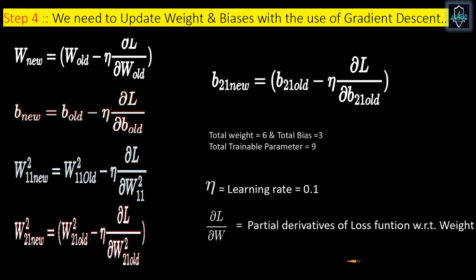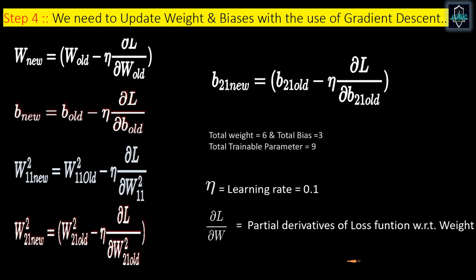So the first one is W new, that is equal to W old minus eta del L over del W old, right? Then B new is B old minus eta del L over del B old. The third one is W211 new, that is W211 old minus eta del L over del W211, right?